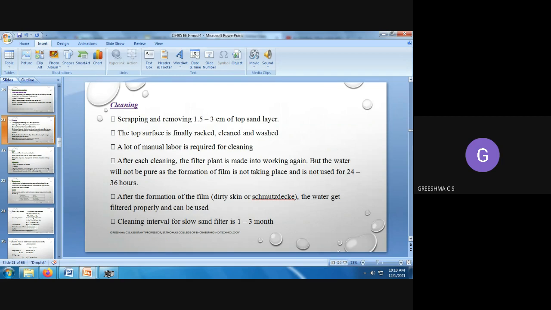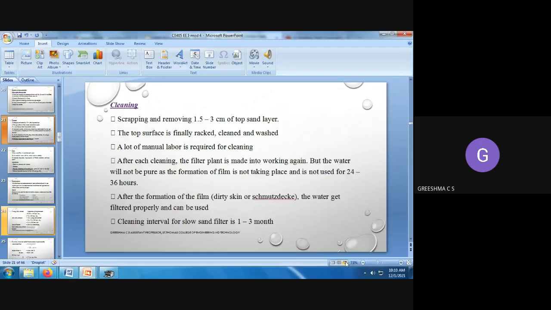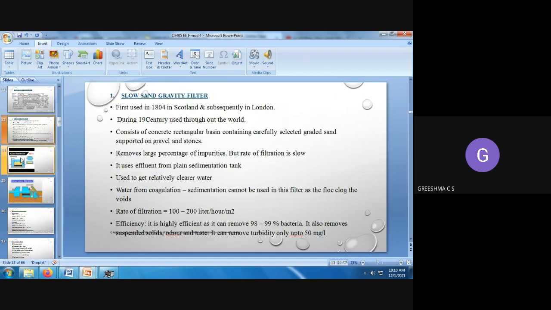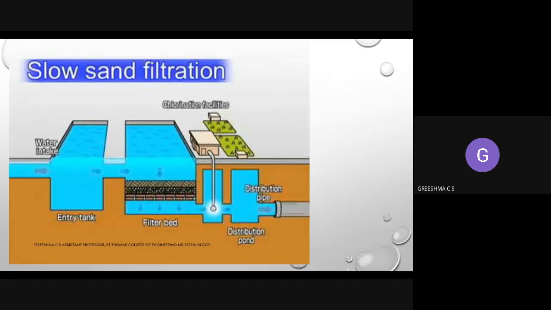Now coming to slow sand filters. We have not discussed the advantages and disadvantages of slow sand filters. Do you remember what a slow sand filter is?